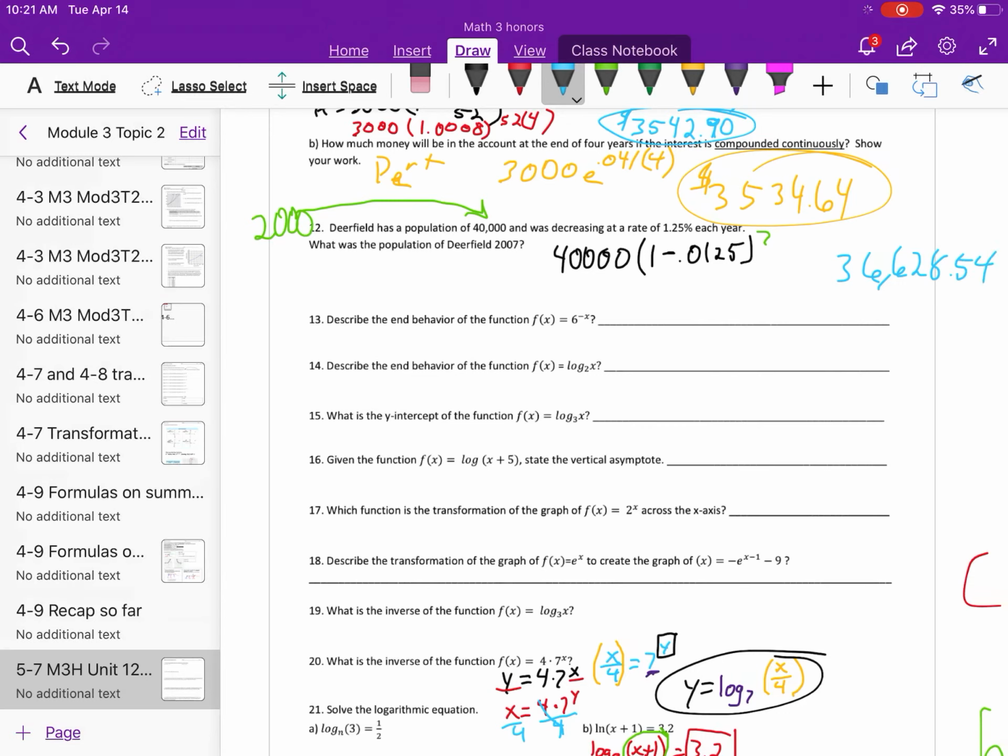And you can't have 0.54 people, so I'm just going to cross that out and say that it is this. If you want to round to one person, I'm not going to be too picky about that, especially now that we're online. But the one thing that I want you to notice is that it was a decreasing rate, so our number should have gone lower. So notice that it did.